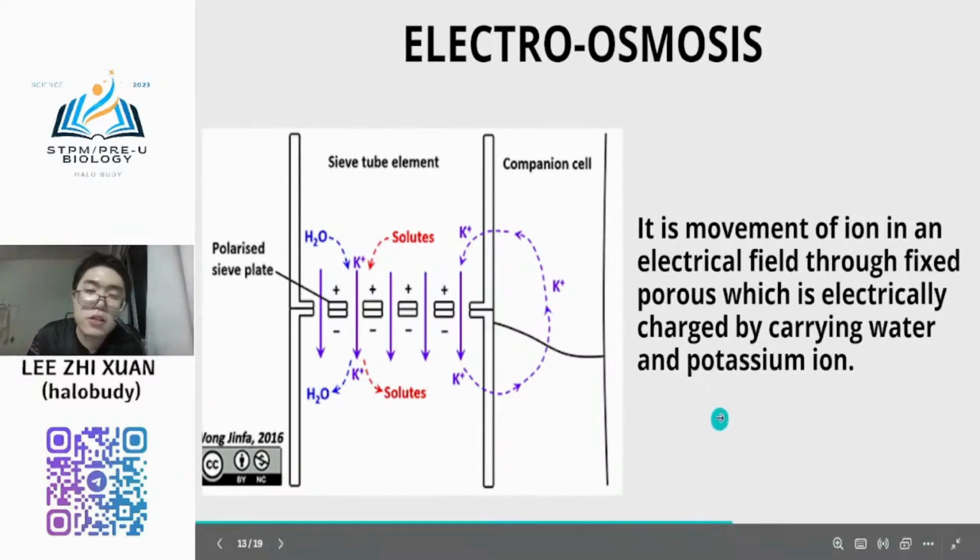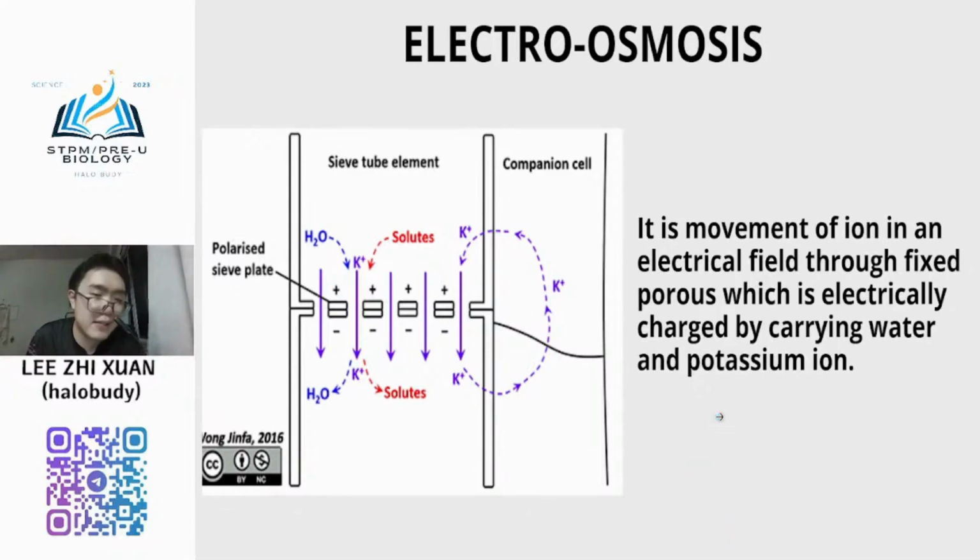So first is the electroosmosis hypothesis. When you see the term osmosis, this process uses water, it includes water. And if you see electro, it means it includes electrical charge.